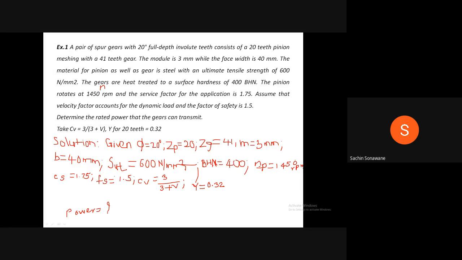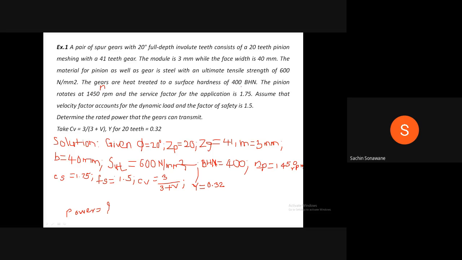Now, yesterday we have seen that when the BHN value is given, at that time we have to calculate wear strength also. And then we have to compare beam strength and wear strength, and the value which is minimum, that value we have to take into consideration for calculation of the effective load.